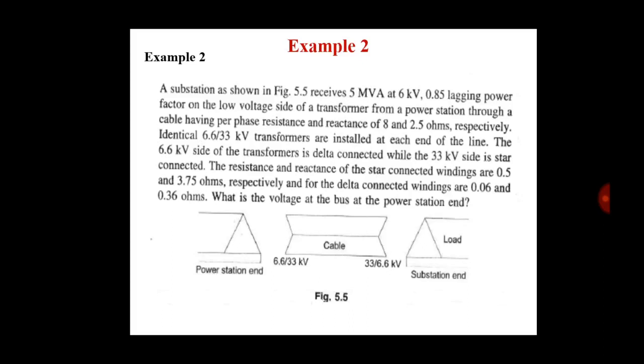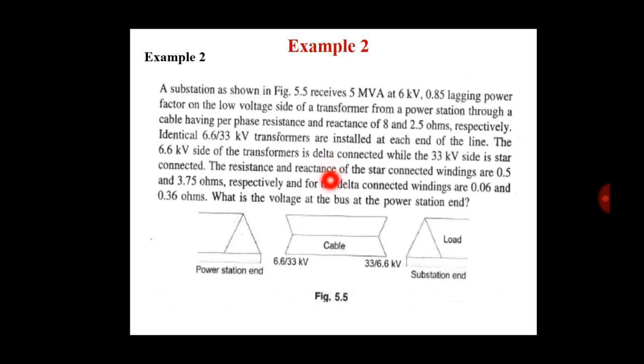Now the next example. A substation, as shown in the figure, receives 5 MVA at 6 kilovolt, 0.85 lagging power factor, on the low voltage side of a transformer from a power station through a cable having per phase resistance and reactance of 8 and 2.5 ohm respectively. Identical 6.6 divided by 33 kV transformers are installed at each end of the line.